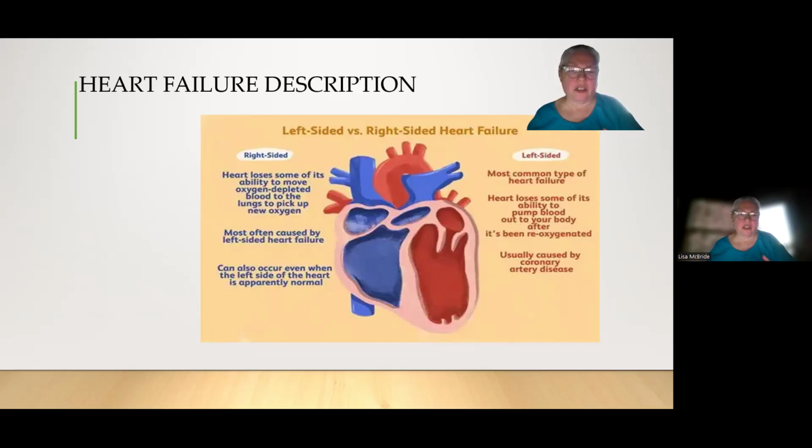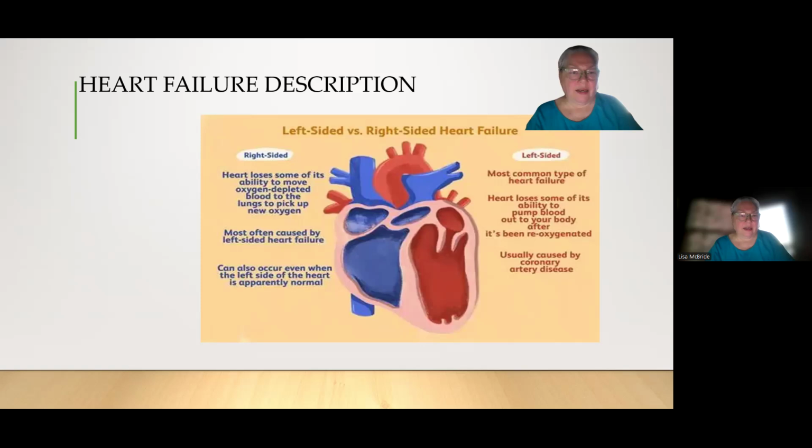And this is usually caused by coronary artery disease, meaning that there's not enough blood flow keeping that muscle alive and functioning. And the ejection fraction can actually be less than 40%, meaning we're not getting enough blood out of that heart and it's not going to the body, so we're not perfusing.